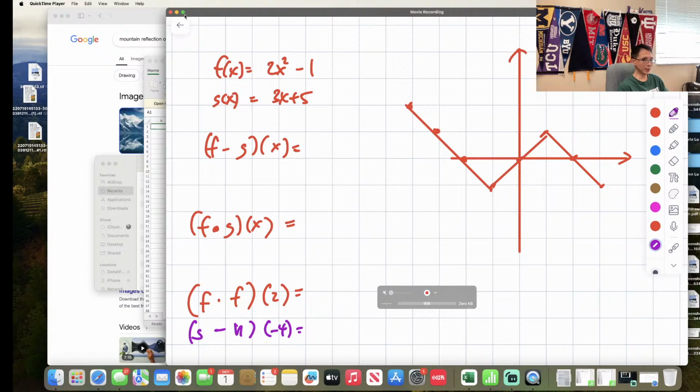We don't know what it is, but you finish out 4. Yeah, the 4 is g minus h of -4.